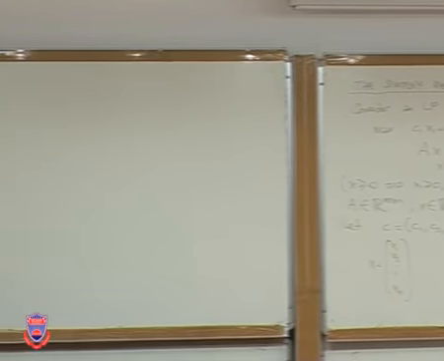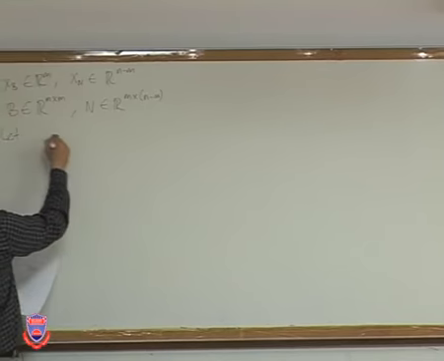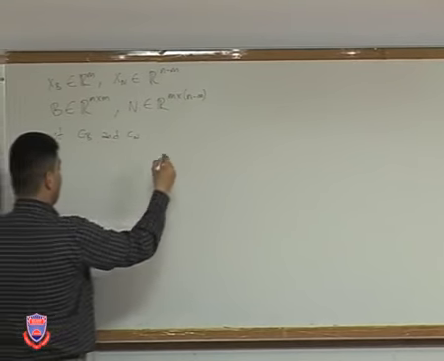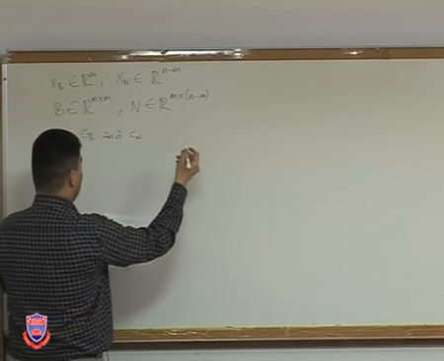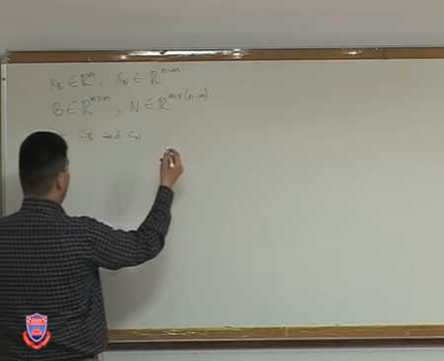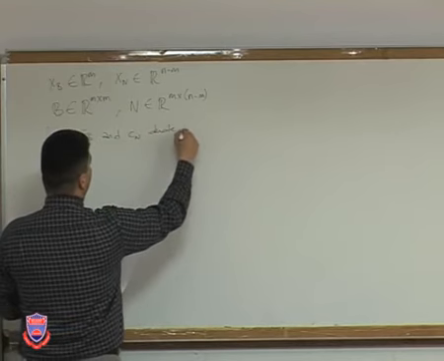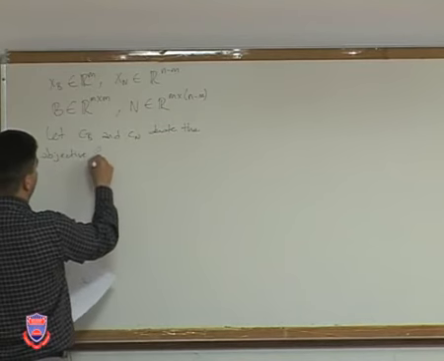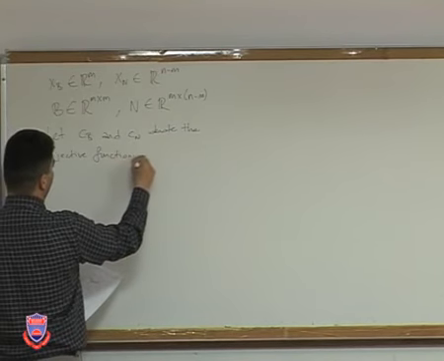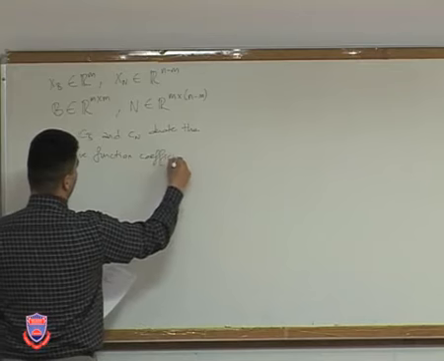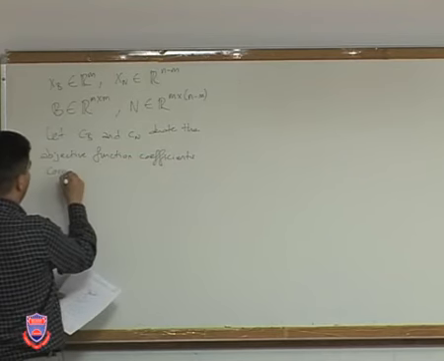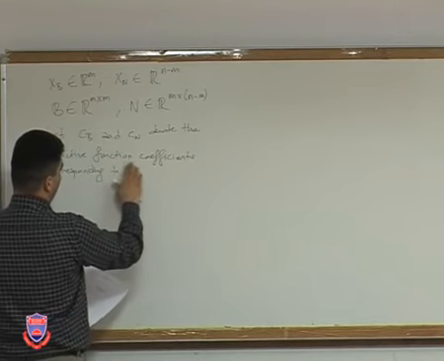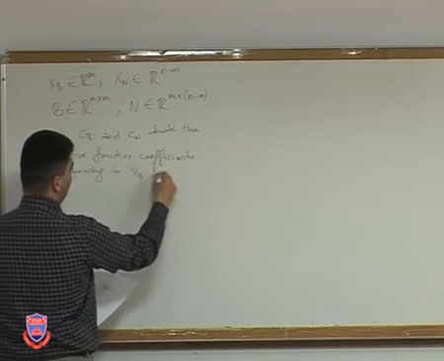Then what I'm going to do is the following. Similarly, I'm going to decompose the vector C. So let CB and CN denote the objective function coefficients corresponding to xB and xN, corresponding to basic and non-basic variables.